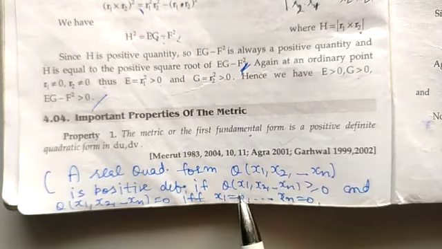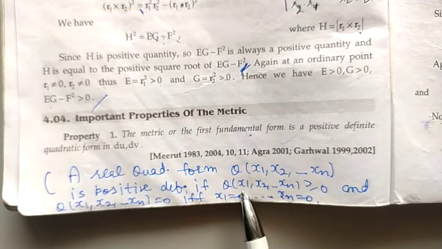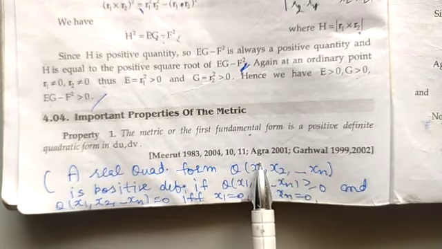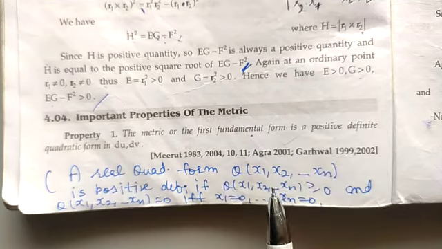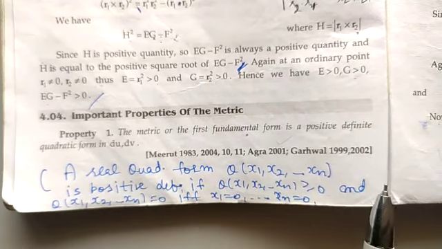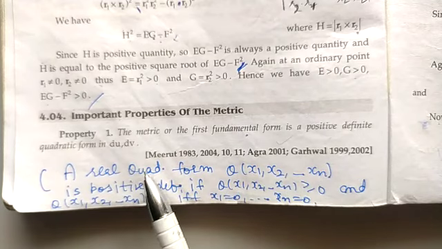If these two conditions are satisfied, then we say that this quadratic form is a positive definite quadratic form. Now we will use this definition in our first property.